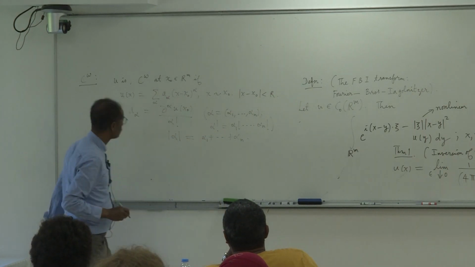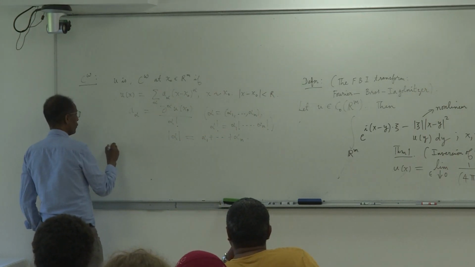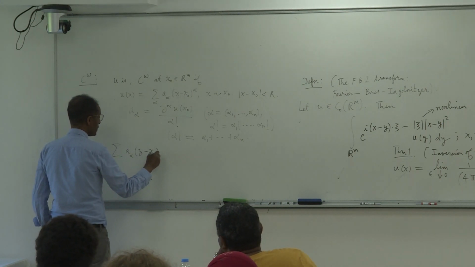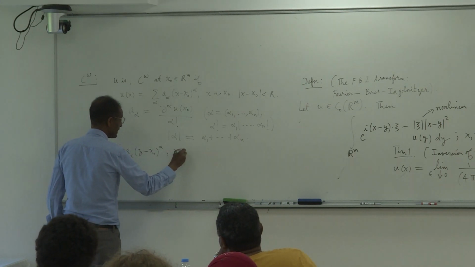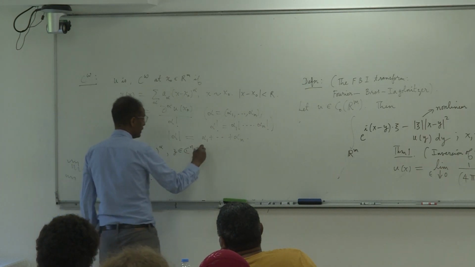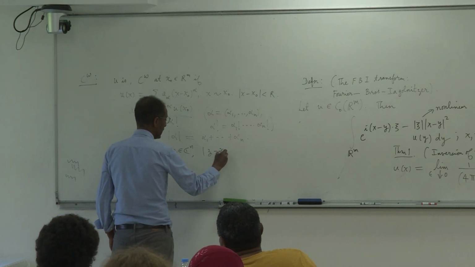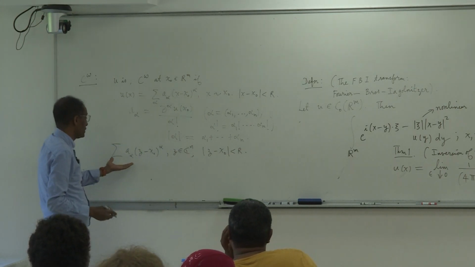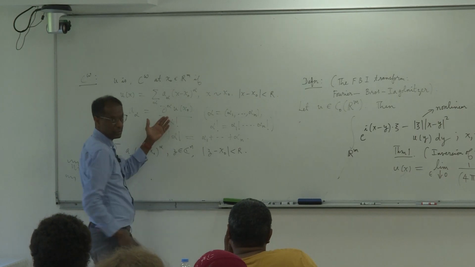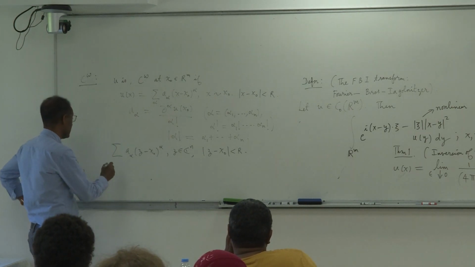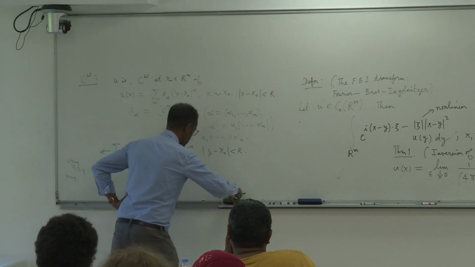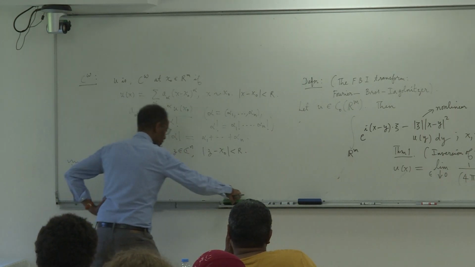But then I can also write this power series where this time z is in C^n, and I take a ball in C^n centered at x naught of radius r. This also converges when I take the norm. But now this is a holomorphic function, so let me call it u tilde of z.